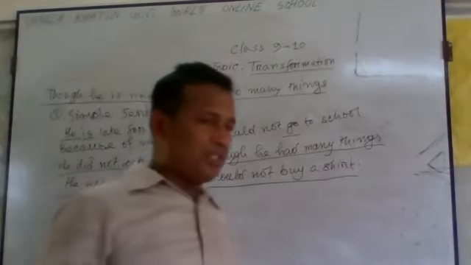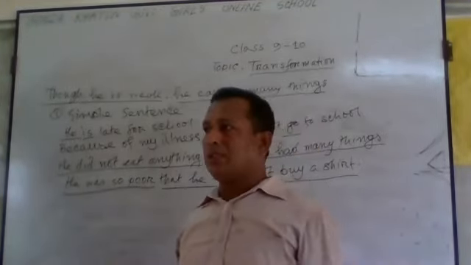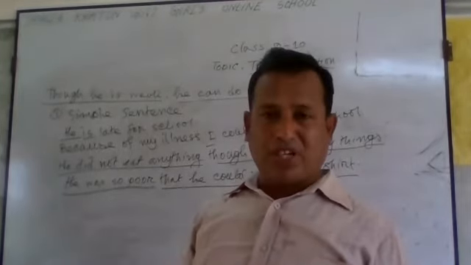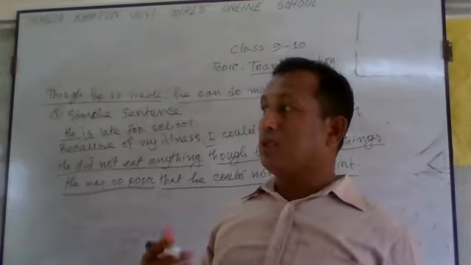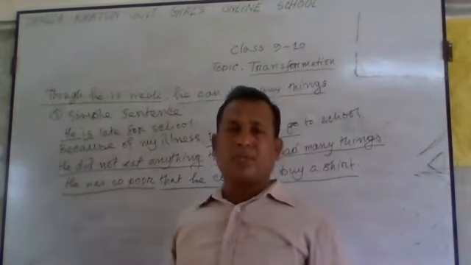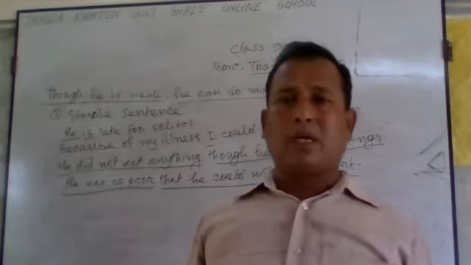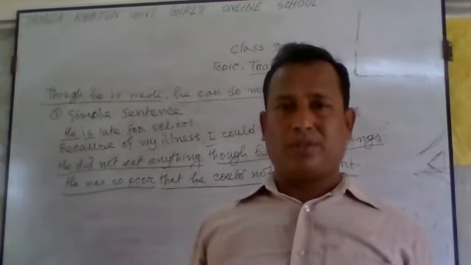So all the three sentences I have written on the whiteboard are examples of the complex sentence. In Bengali, jotil bhai. Okay. And the last one is the compound sentence.